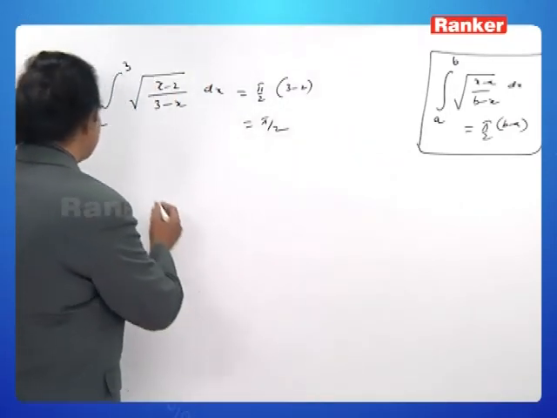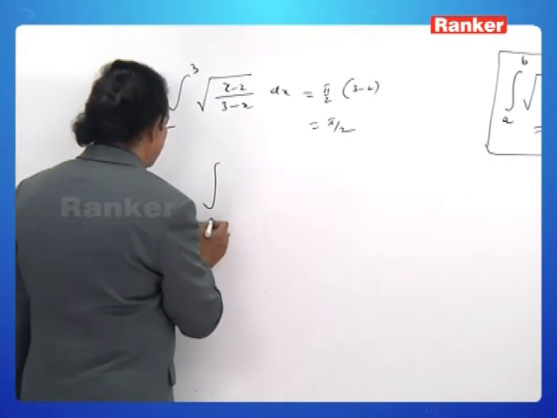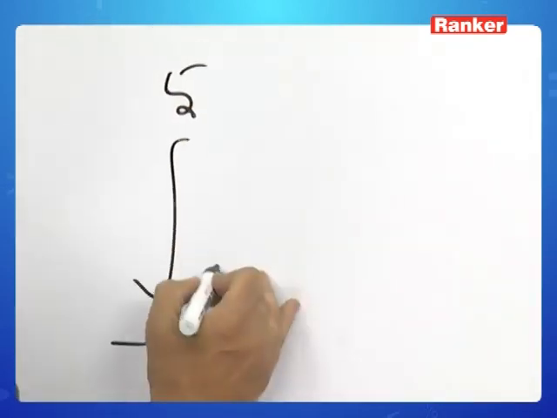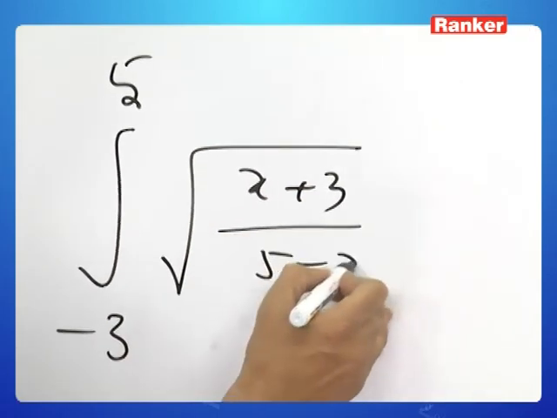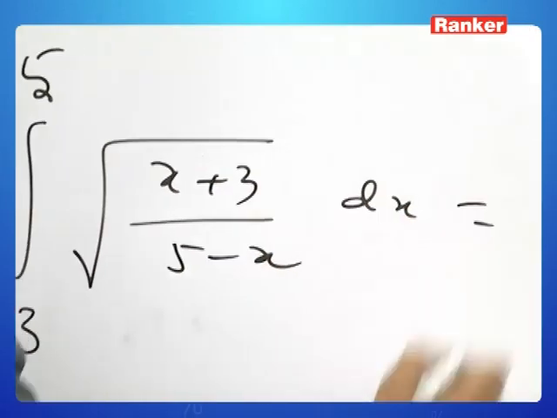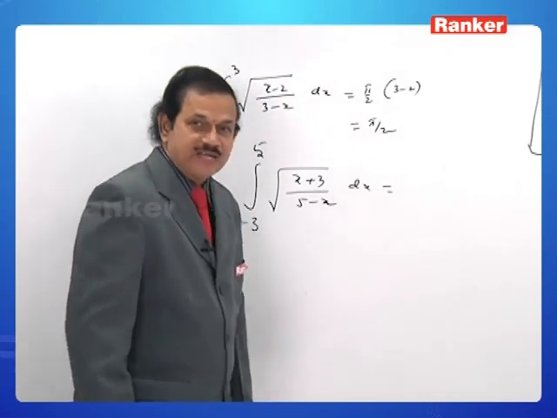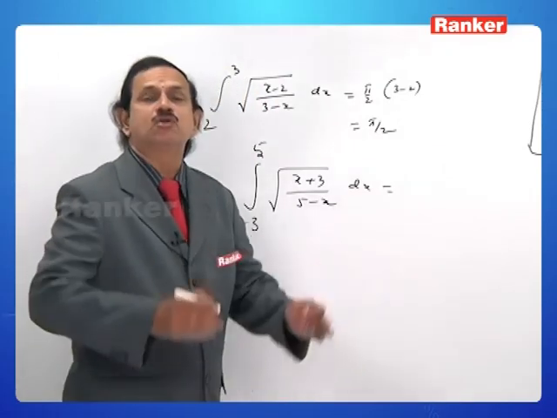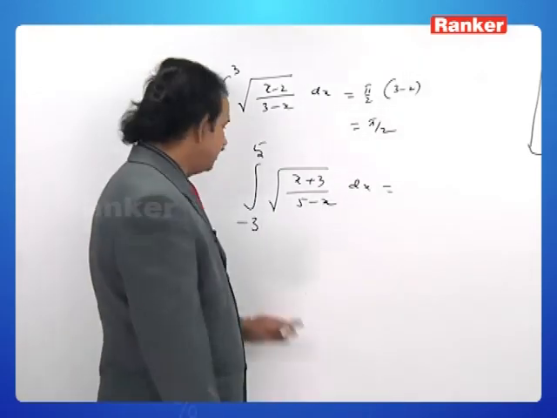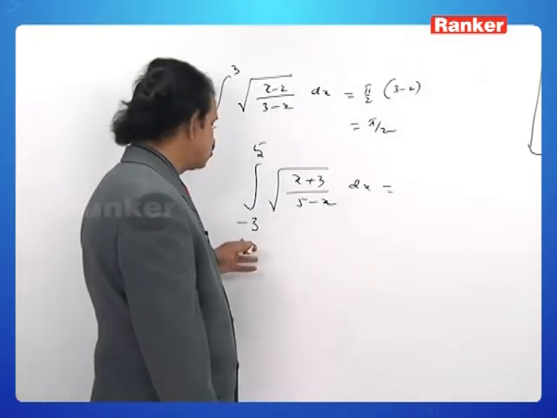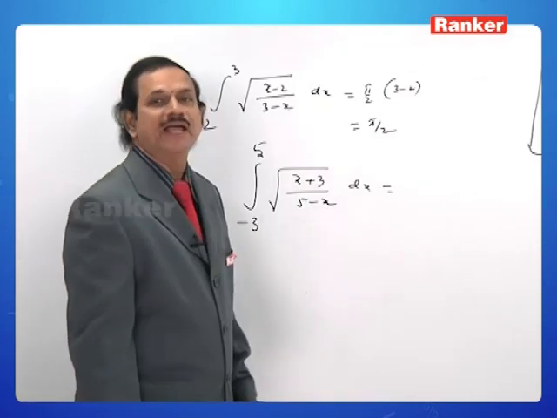Of course, we'll be making use of this formula. Another application: integral of minus 3 to 5 of square root of (x plus 3) by (5 minus x) dx. You may have to notice that this is in the standard form. In the place of a, we have minus 3, and in the place of b, we have 5.